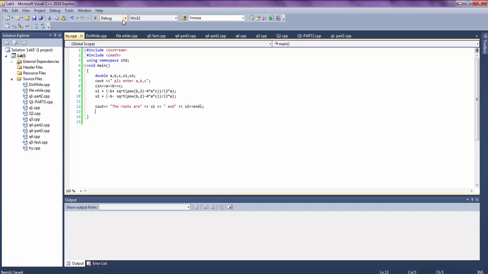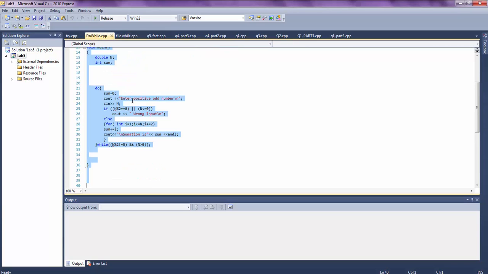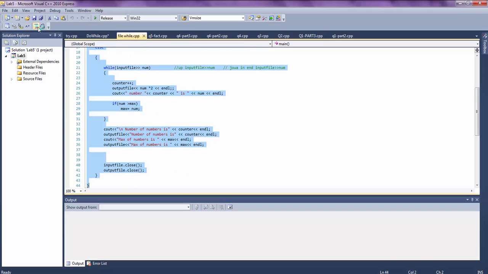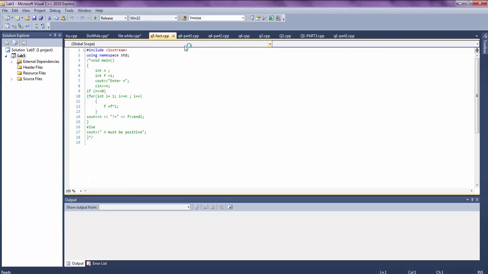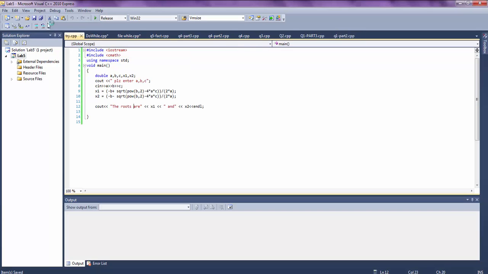Let's try to run our code. I just want to make sure that everything else is commented. Okay, let's run our code by pressing Ctrl F5.